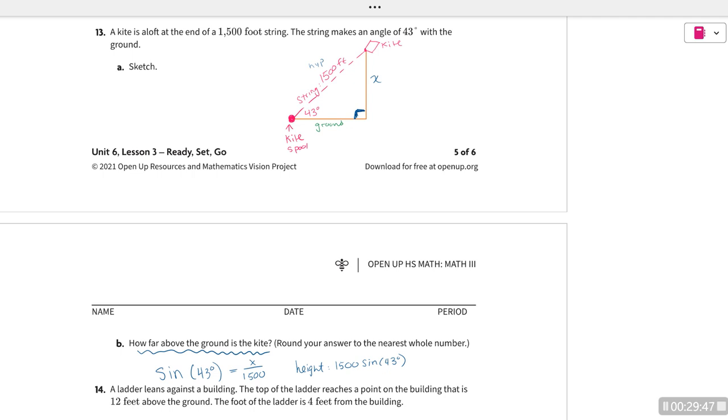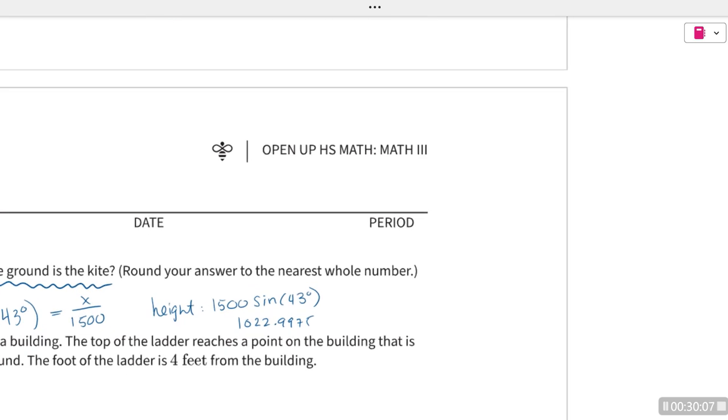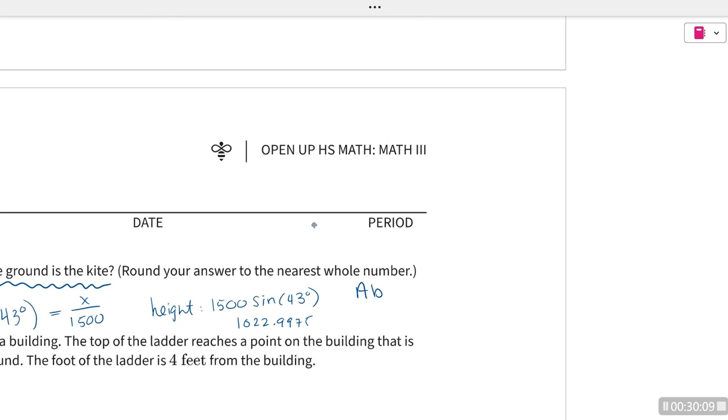So sine of 43 degrees, that gives us something about 0.68 times 1,500 is going to give us 1,022.9975 or so. It says round to a whole number, so about 1,023 feet high.